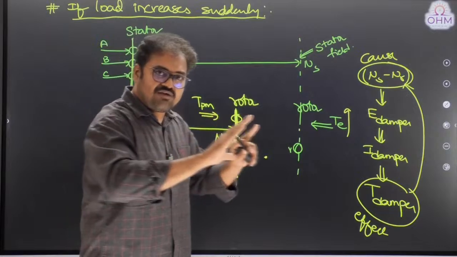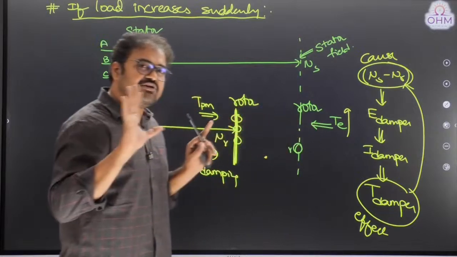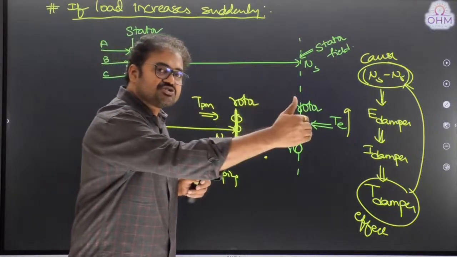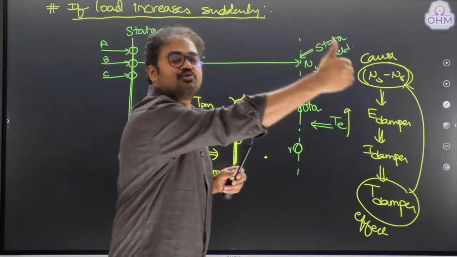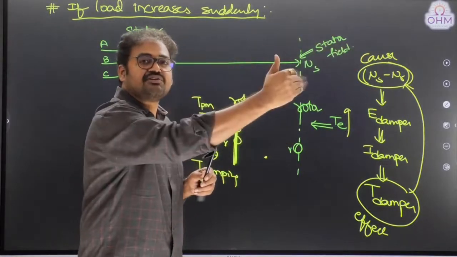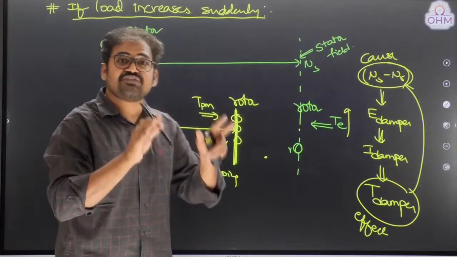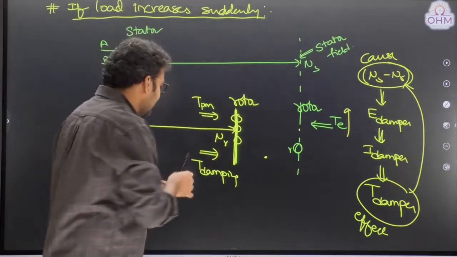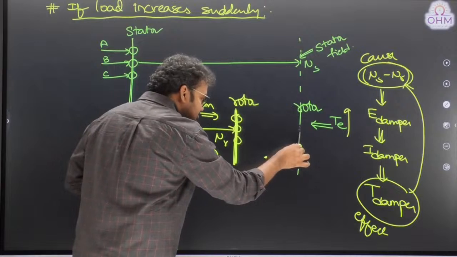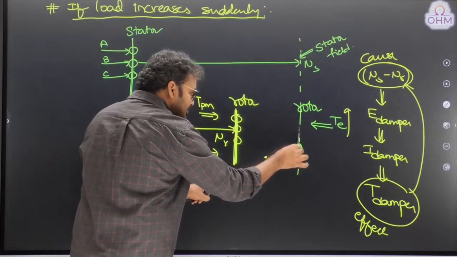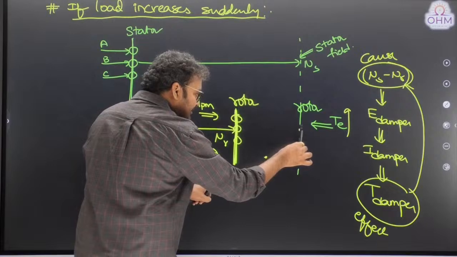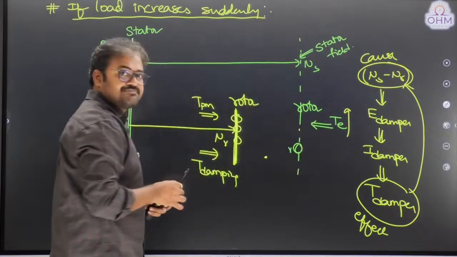When you push a car for a certain distance and you suddenly leave that car, will the car stop there, or will it further move for some distance? Yes, it will further move for some distance because of inertia. Similarly, even though the rotor reaches synchronous speed, even though damping torque becomes 0, the rotor will not stop here. It will further accelerate because of inertia.